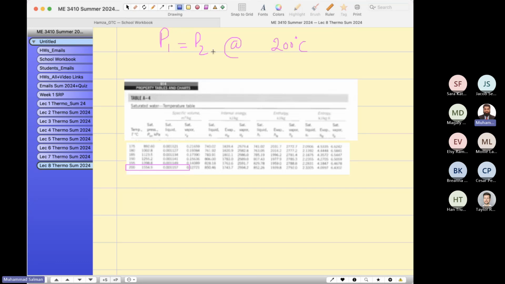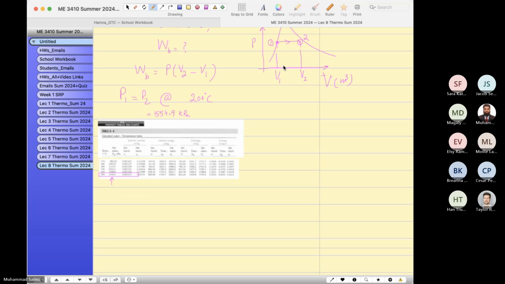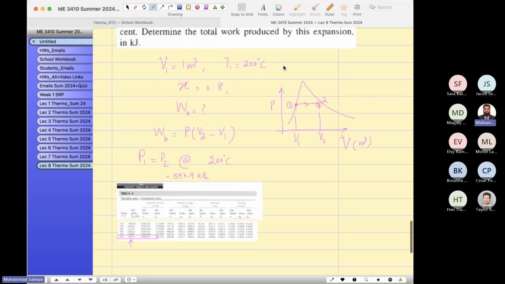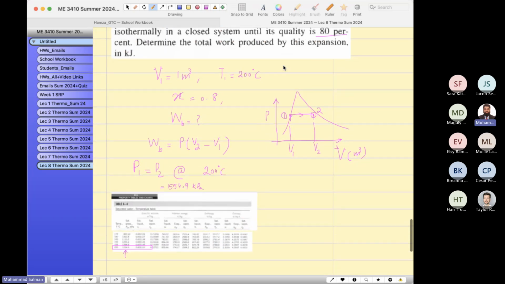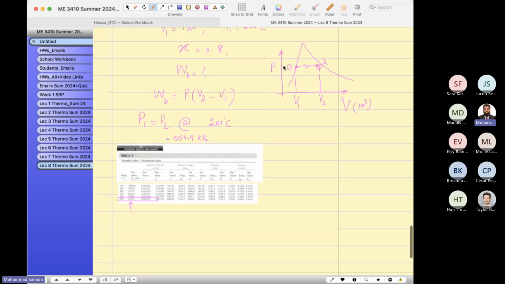Yes, this value is required. This is equal to. So once we know the pressure, can we find out V2 and V1? So what is V1?